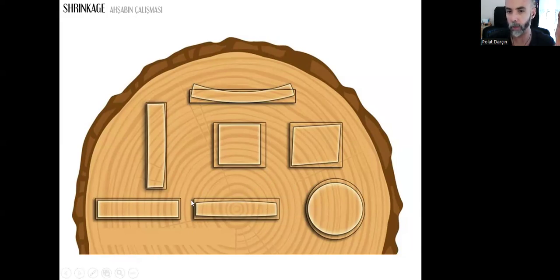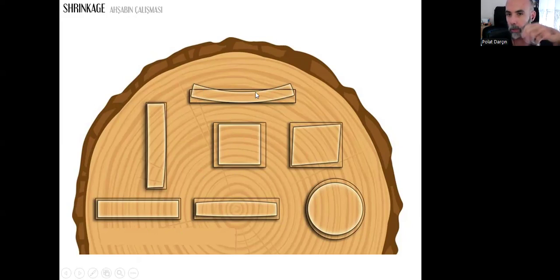As you can see, if we get a piece out of this pith part, then it will shrink like that. When it loses its moisture content, it will shrink like that. And if the piece is extracted from this part, again, it will have a uniform, mostly uniform shrinkage. Almost same like that.